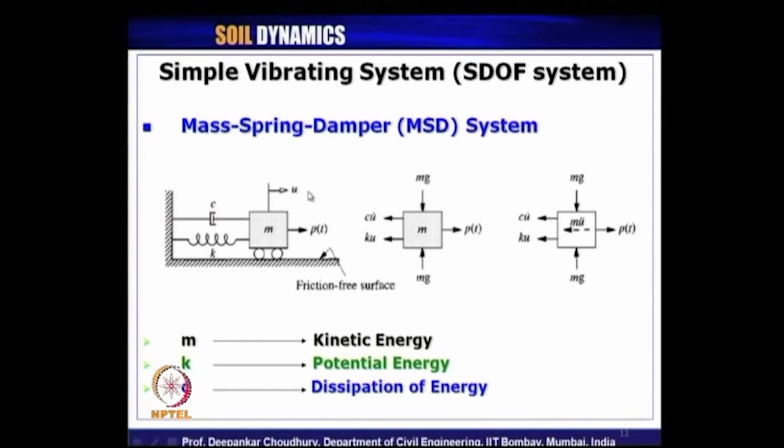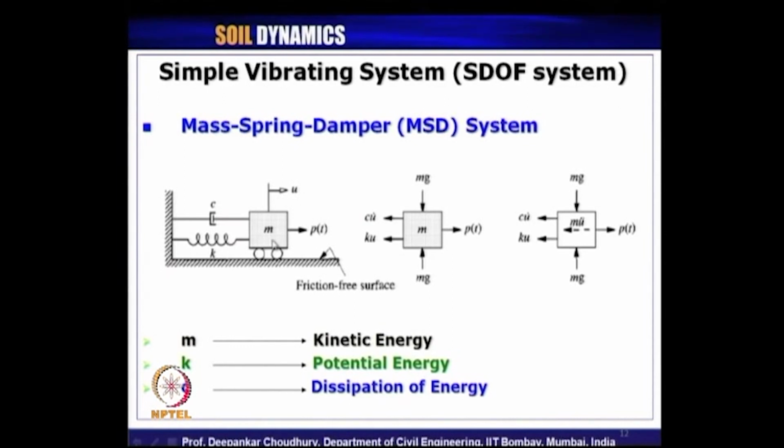So, u of t we should know, to know the position or coordinate of the system at any time under an externally applied dynamic load on the system, let us say P of t, and let us assume this is a frictionless surface and these are rollers. Next, we should draw the free body diagram of this mass subjected to different types of forces.